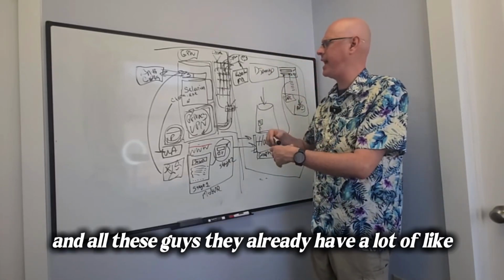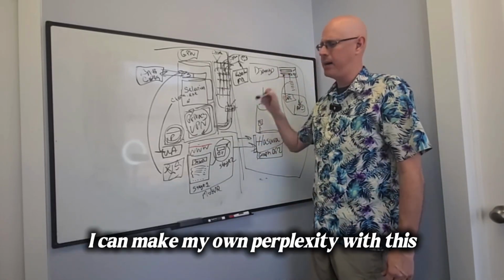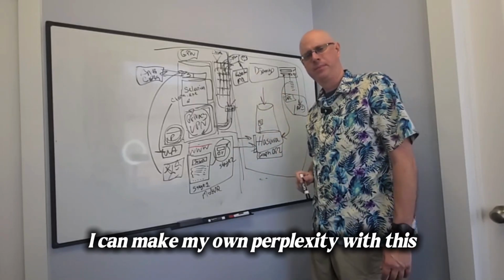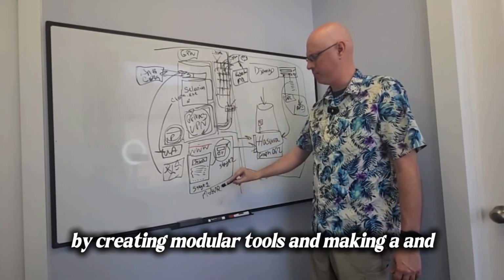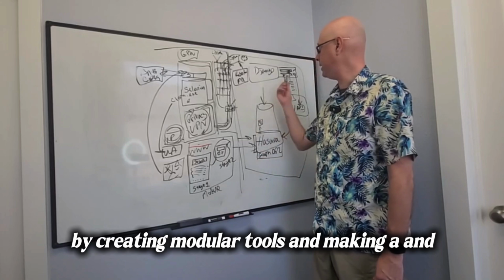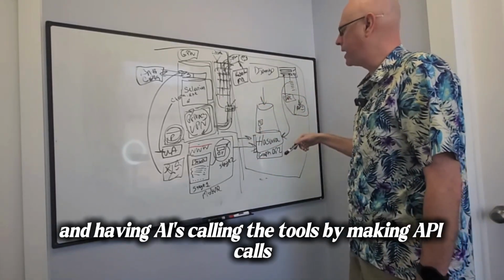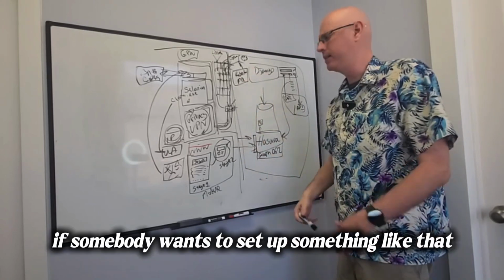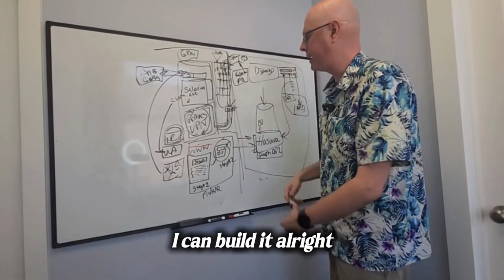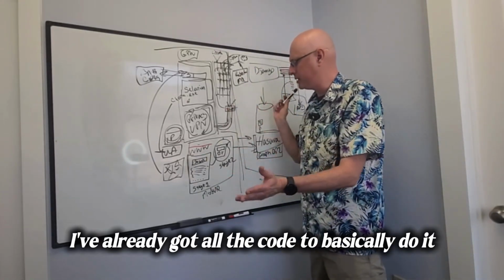I can make my own Perplexity with this, okay? By creating modular tools and having AIs call the tools by making API calls. If somebody wants to set up something like that, I can build it. I've already got all the code to basically do it.